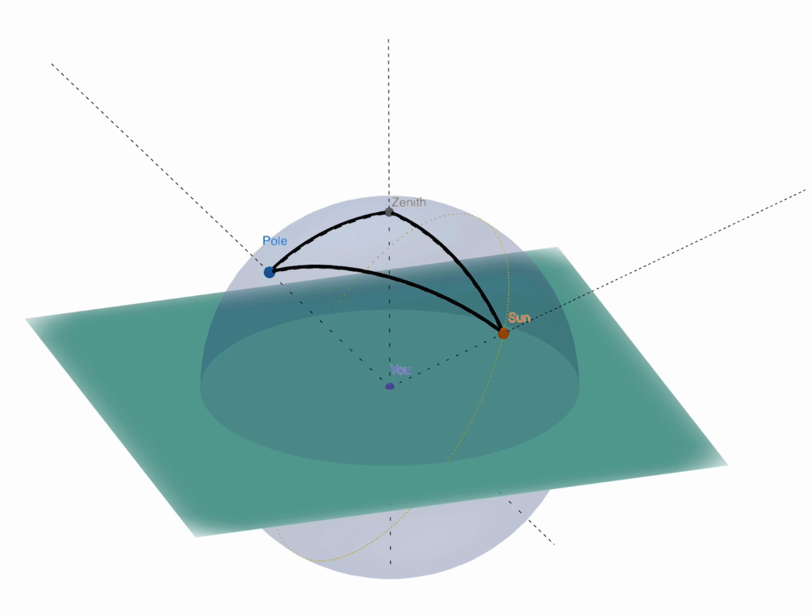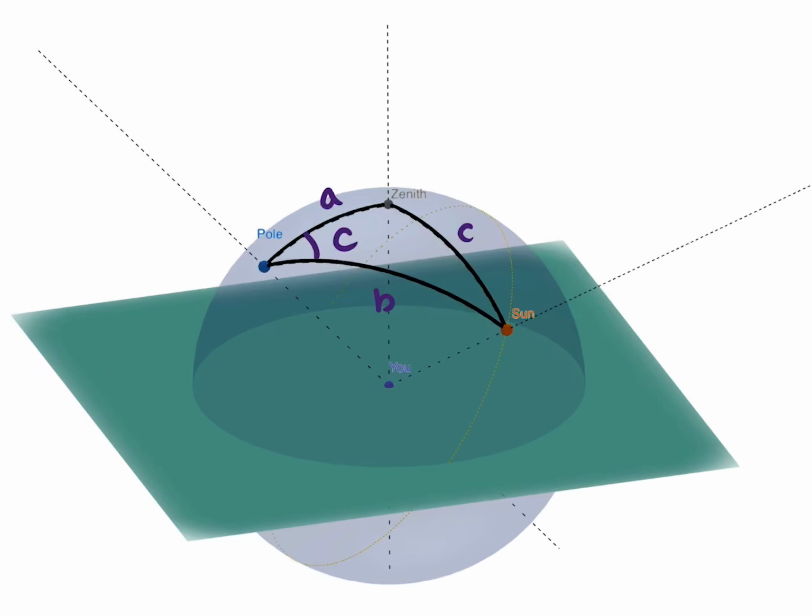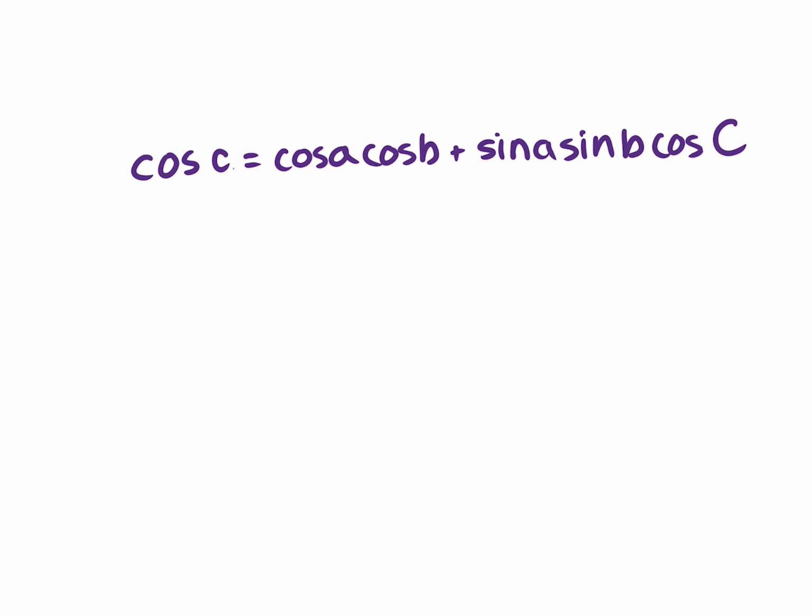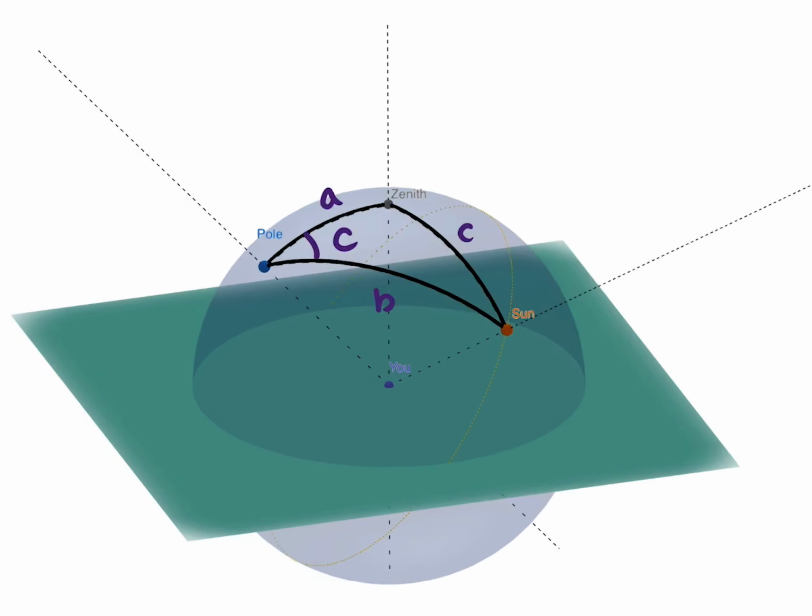So we're dealing with 3 points on the sphere: the sun, the zenith, which is directly overhead, and then the pole. And then we're connecting them with a spherical triangle. We label the sides A, B, C, and then one angle C. And the law of cosines tells us the relationships between these sides and this angle. Now let's try to figure out what each of these arc lengths are.